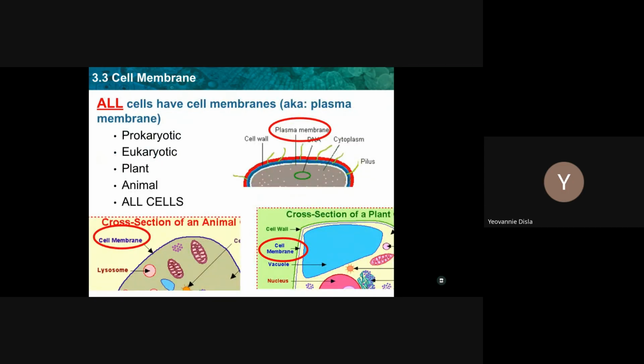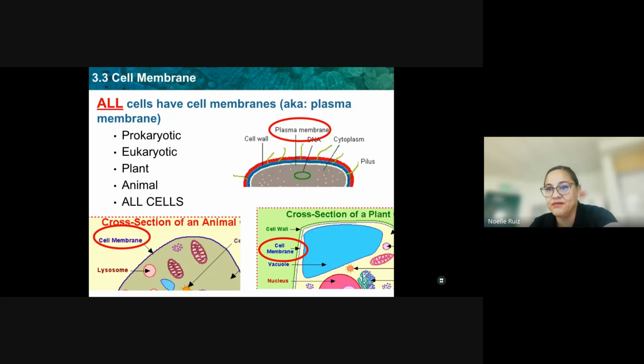All right. So to review from last week and the week before, all cells have cell membranes, and they are also called plasma membranes. You will see them the same way. So prokaryotic cells, eukaryotic cells, plant cells, animal cells, bacteria, fungus, all cells have cell membranes.